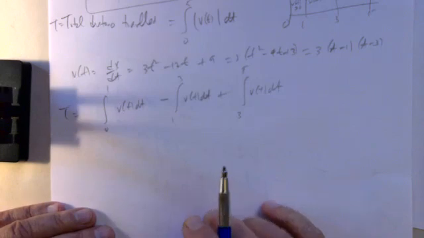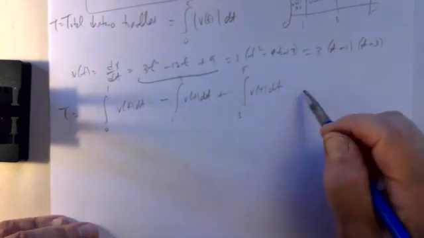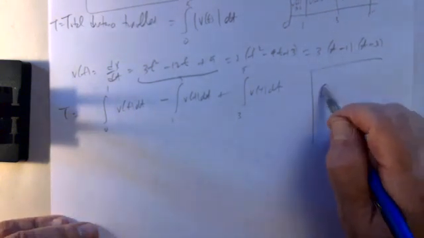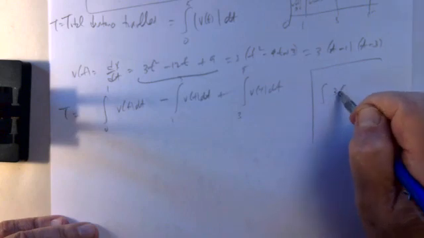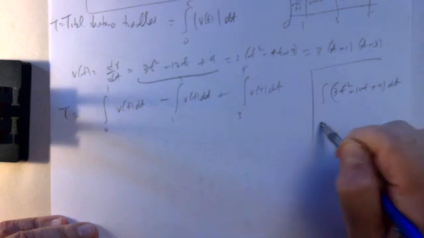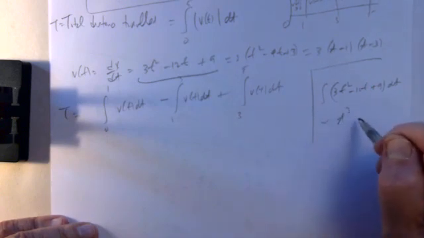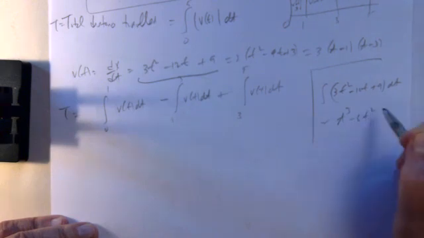For this problem, the hard thing is to set it up. This is what we're integrating, and we know the antiderivative. The antiderivative of 3t squared minus 12t plus 9 is t cubed minus 6t squared plus 9t.